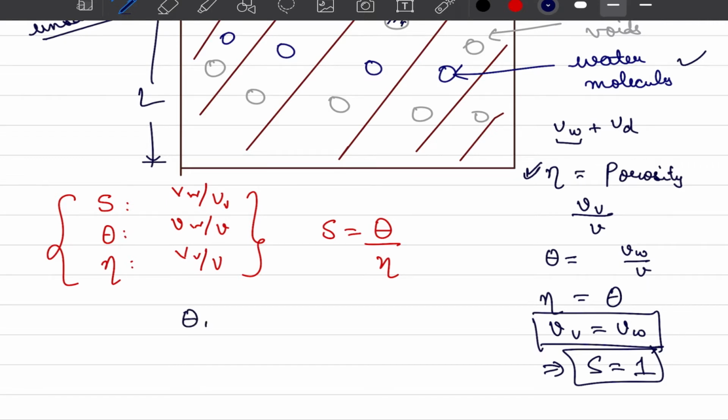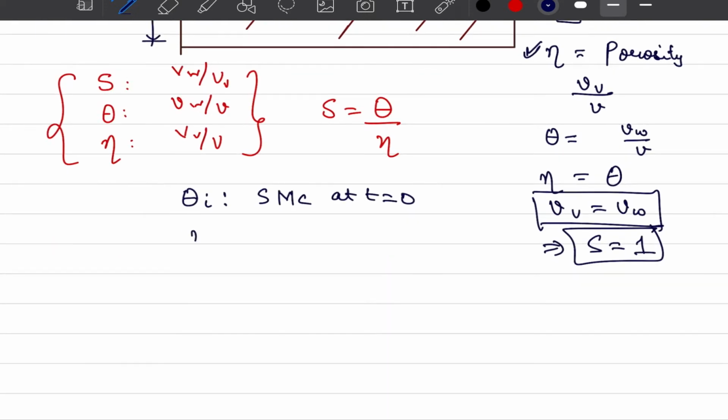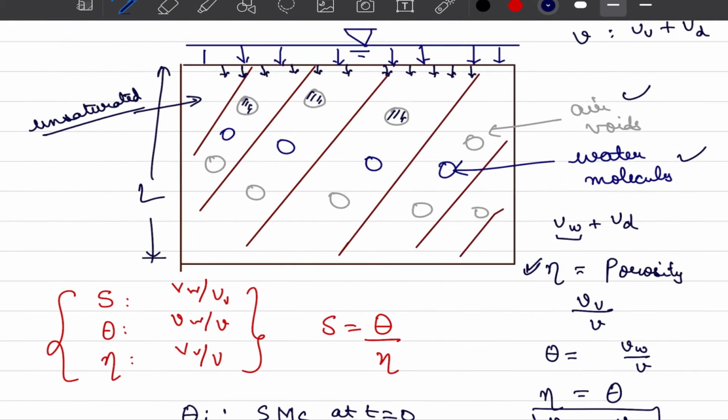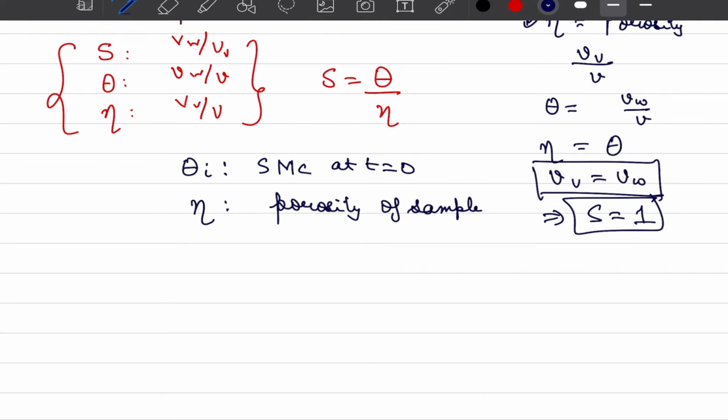Now, using these fundamentals from soil mechanics, what we can say is that if some initial soil moisture was present, let us say theta I was the soil moisture content at t equal to 0, just before precipitation started happening, and eta is porosity of soil sample, and we are assuming that properties are more or less consistent here. That means for a given soil sample of small volume, these eta and theta can be approximated by one single number.